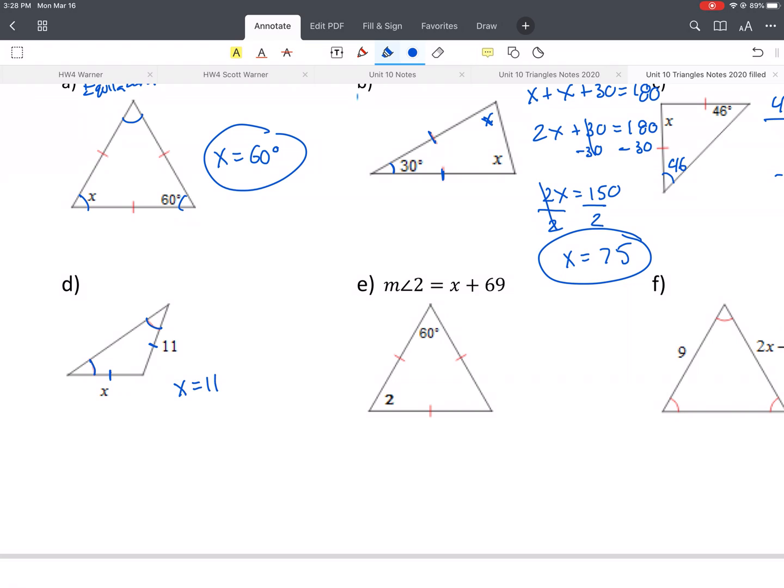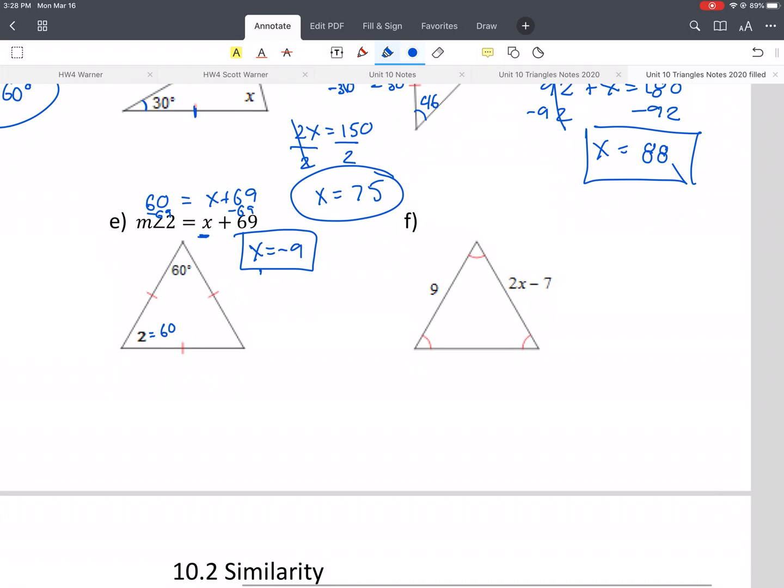So this angle is equal to 60. Okay, but that's not what they're asking for. They're asking for what x is. So 60 is equal to x plus 69, which then we could subtract 69 from both sides, and we'll end up getting x is equal to negative 9.